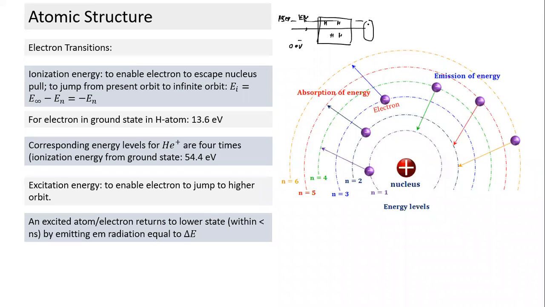Some energy states are missing, certain wavelengths are missing. They are missing because they have been absorbed by the hydrogen atom. So when we observe this, it is called the absorption spectrum: the wavelengths which are missing, which have been absorbed by the hydrogen atom.